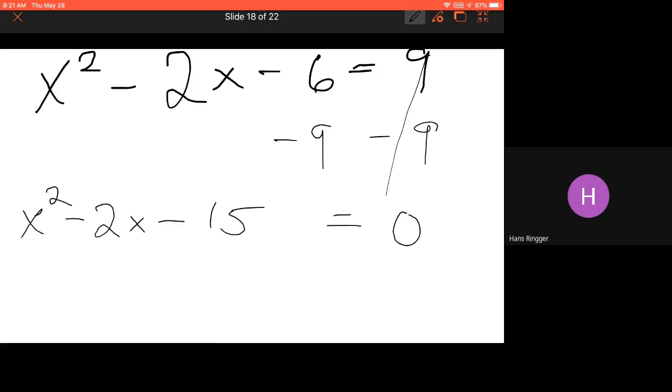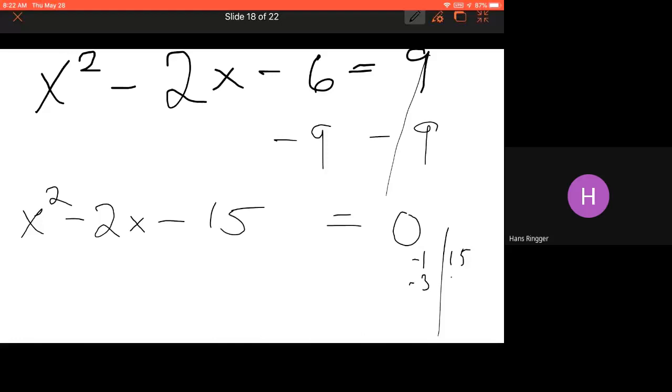So I'm going to do a little aside right here. We need to find numbers that multiply to negative 15 and add up to negative 2. So we could have negative 1 and 15, negative 3 and 5. Then we can go the other way, right?